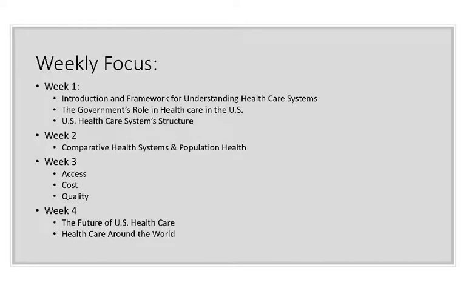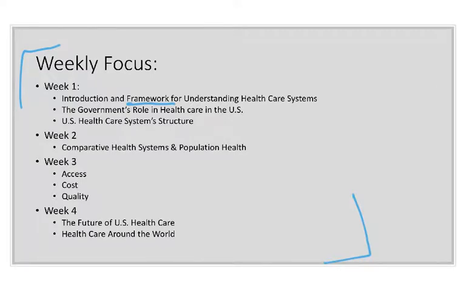Lastly, I want to spend some time going over what the weekly focus will be in each week, and this will help you be able to compartmentalize the knowledge that you get. So this is the framework we're using in this course. In week 1, you're going to talk about social policy and government structure and different concepts that will give you the framework for understanding healthcare systems.